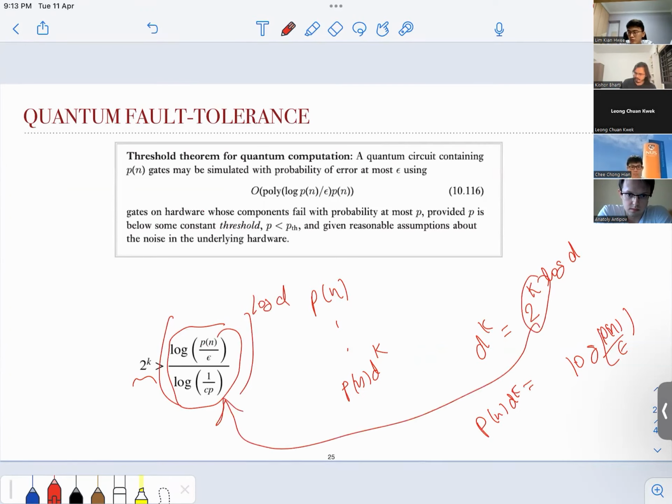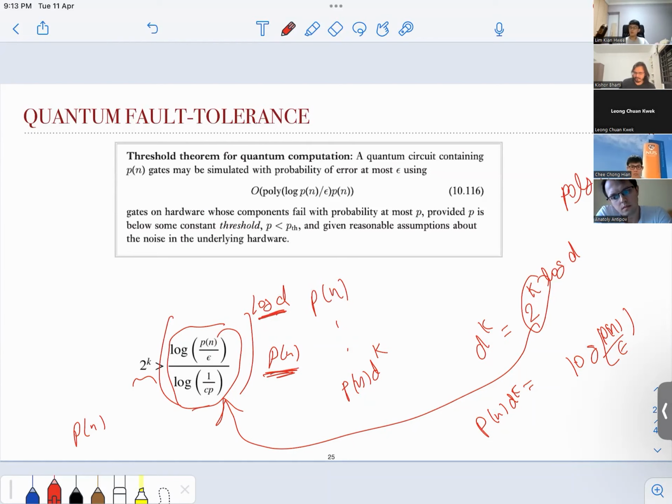The original circuit had size Pn, so this will be Pn times this number. You only require polylog overhead because this is constant, so don't worry about it. And this is your log n. So basically it scales like polylog Pn times Pn, with some constant.